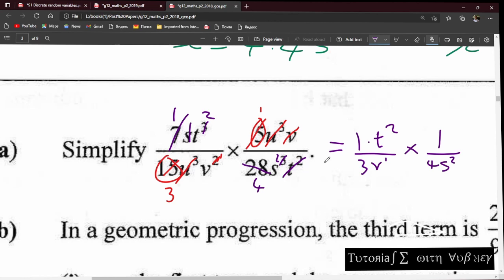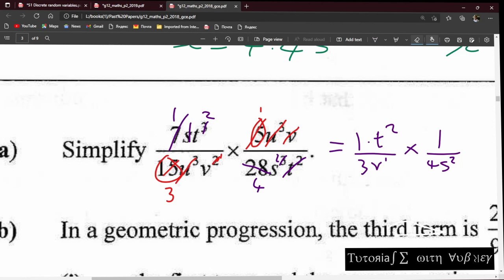So now from here we can multiply, so this times that times that, so multiplication, you multiply across like that.